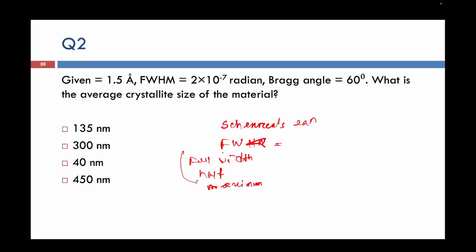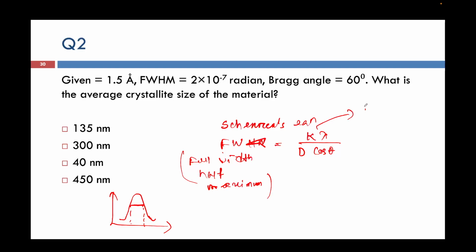Generally we take it from the intensity curve: at half intensity, take the two angles theta 1 and theta 2, and then we calculate the FWHM value. The formula for this is K lambda divided by D cos theta, right? So this is the Scherrer's equation.